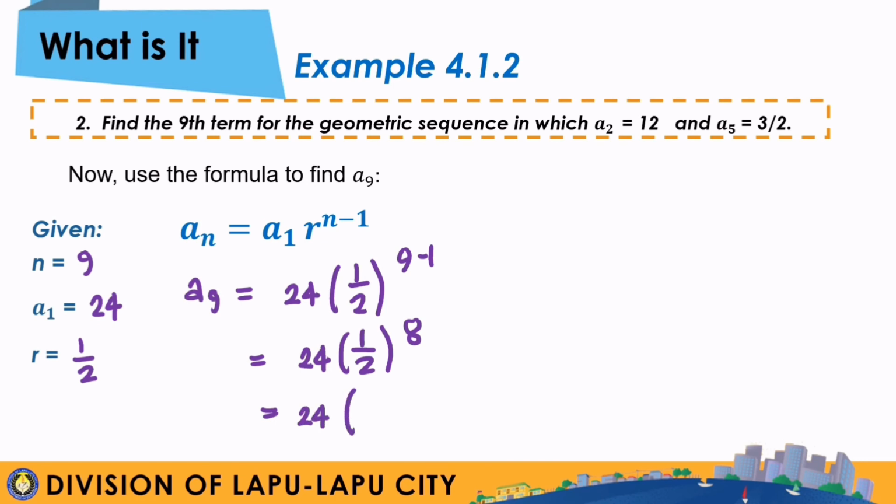What is 1 to the exponent 8 is 1. What is 2 to the exponent 8? So we have, you multiply 2 8 times. So 2 times 2. And we'll have 256 as our answer.